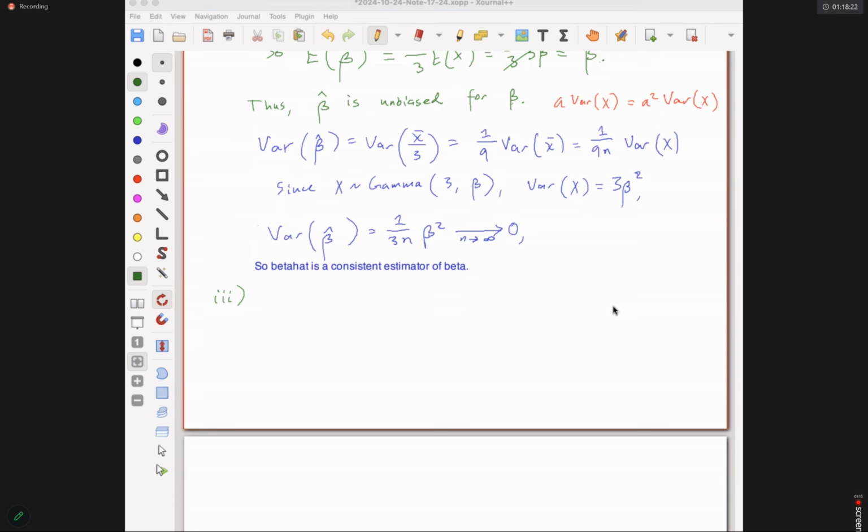With asymptotic distribution, you will typically be making a statement about some transformation of your estimator following some sort of normal distribution. And so I'll state the central limit theorem here, which is very important to this.